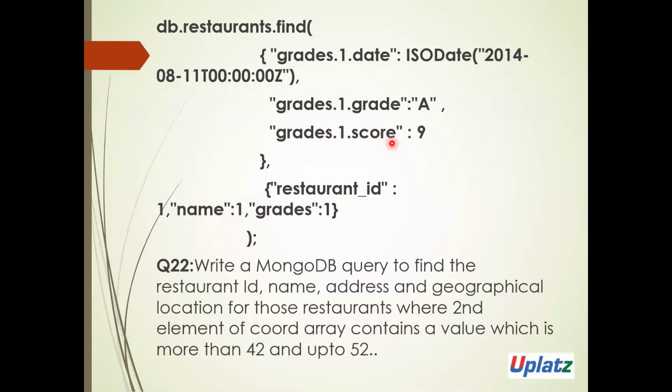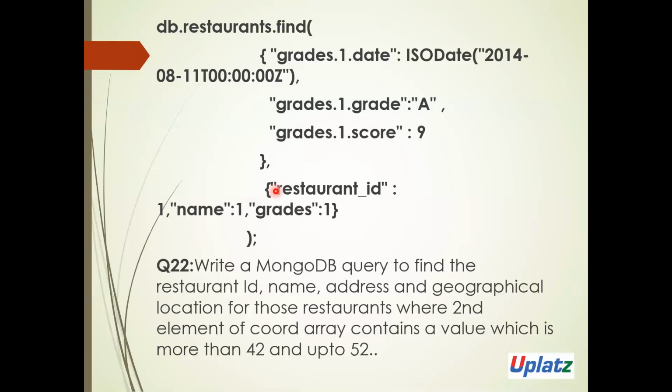If you want the third element, you need to put 2. If you want the first element in the array, grades dot 0 dot date. Likewise, if you want the eighth element, you put grades dot 7 dot date, grades dot 7 dot grade, grades dot 7 dot score. Likewise, you need to display the fields based on the values.